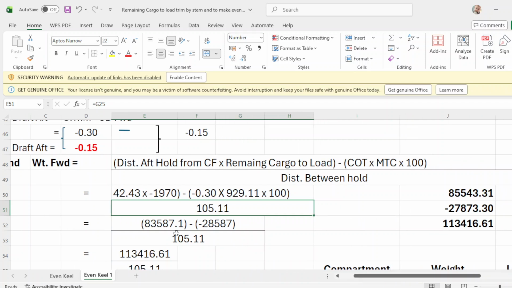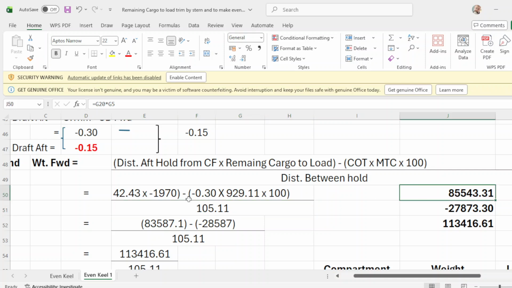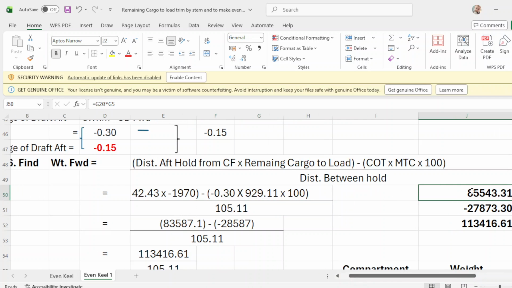Then we apply the multiplication. This one will be G20. This will be your distance between hold.